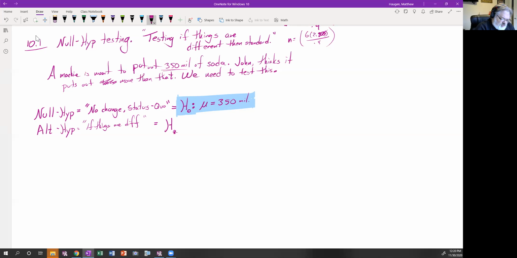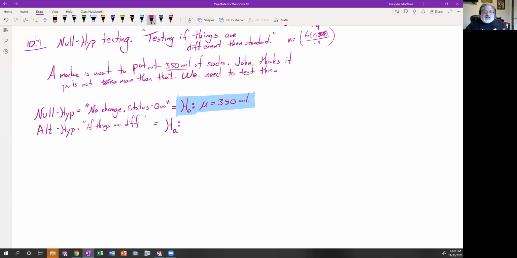I think your textbook likes H1. I have to check again. I forgot. I usually use a couple different books for references here. So, either HA or H1. I always like the HA for H alternative, but if your book uses H1, it's the same thing.